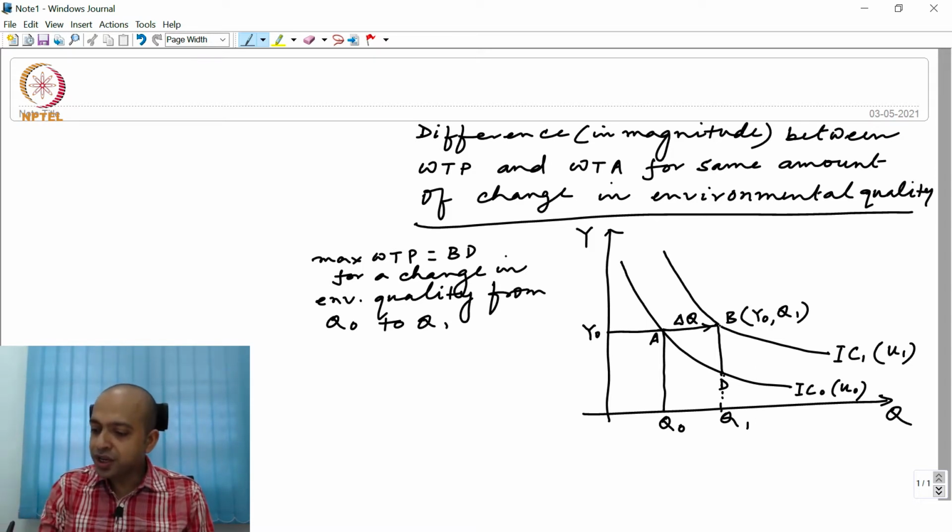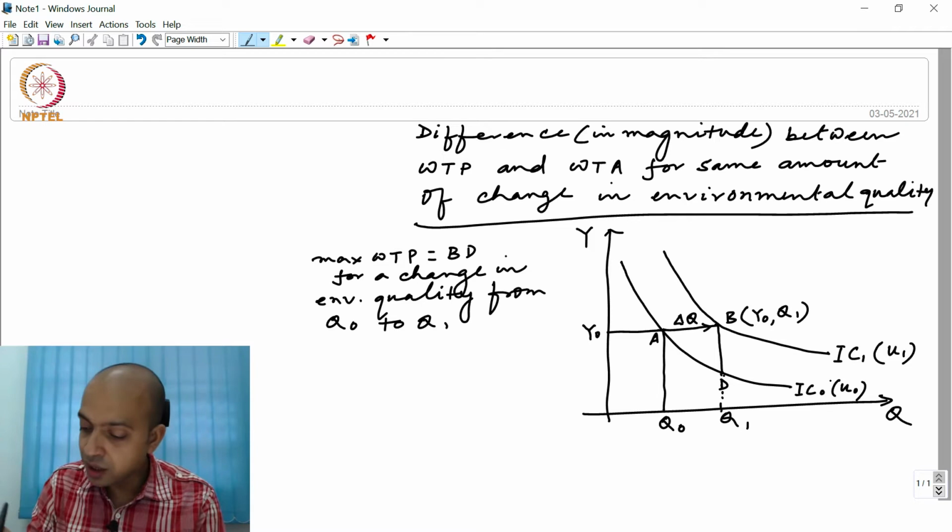Okay, so that means when there is a change in environmental quality from B to A, that means when there is a reduction in environmental quality from Q1 to Q0, individual will come to the point A and individual's utility will get reduced from U1 to U0, for which individual will like to accept compensation. An individual would like to get that much compensation so that with that compensation, individual goes back to his or her previous utility level U1.